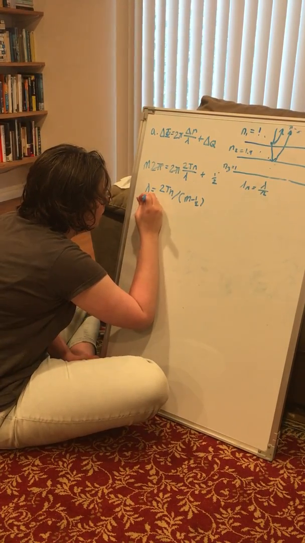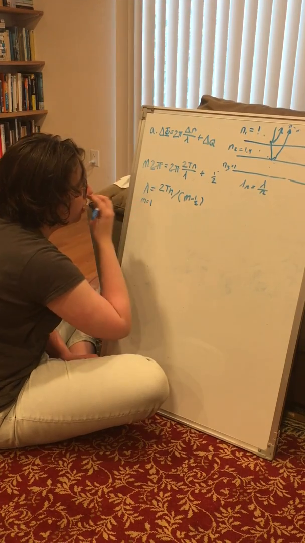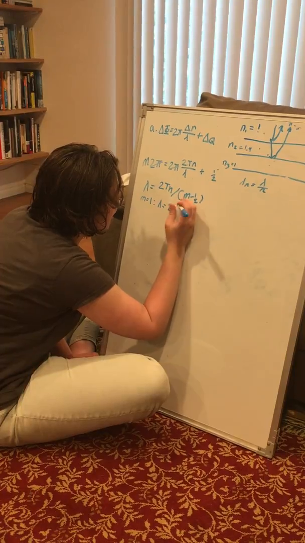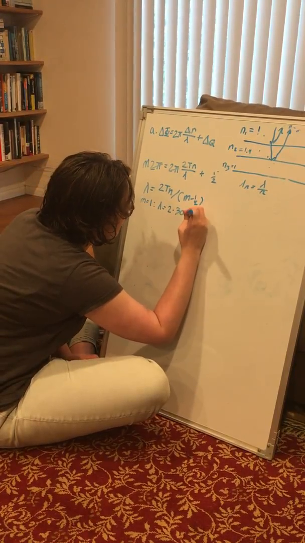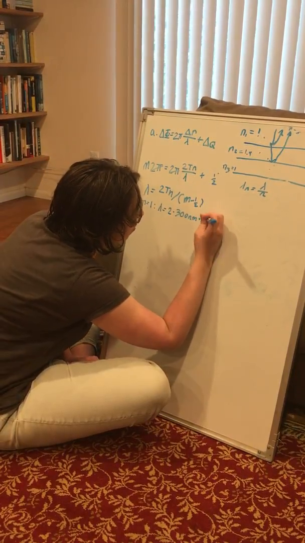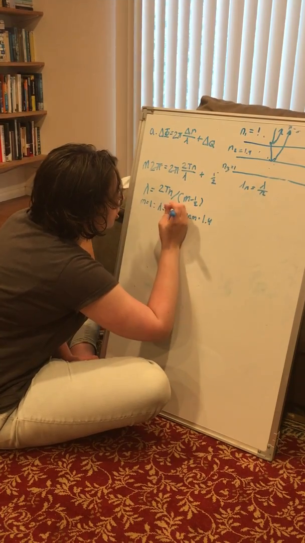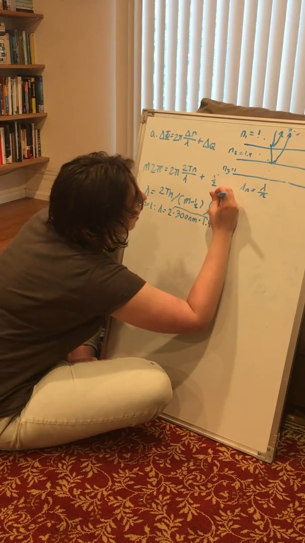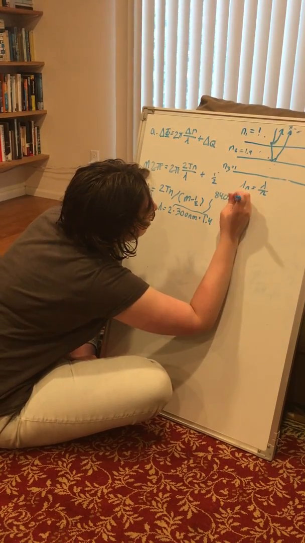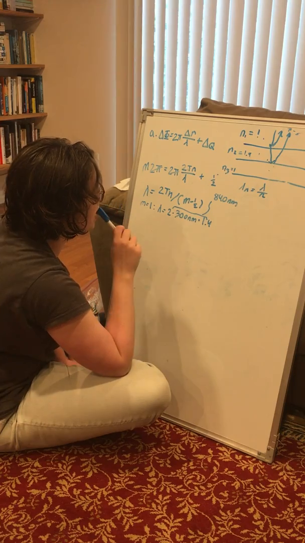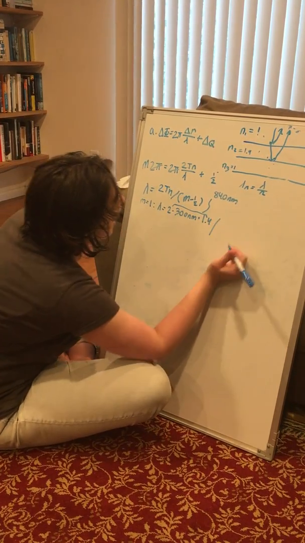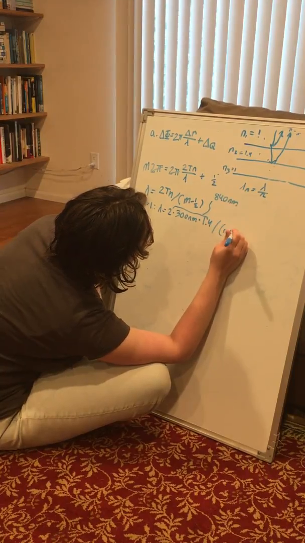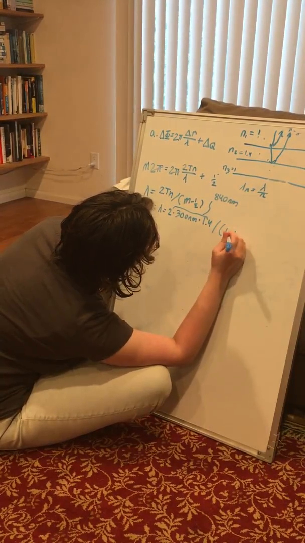So for m equals 1, we get lambda equals 2 times 300 nanometers times 1.4, which is 840 nanometers. We'll be using that multiple times, so just write it down now. Divided by 1 minus 1/2, which is 1/2.